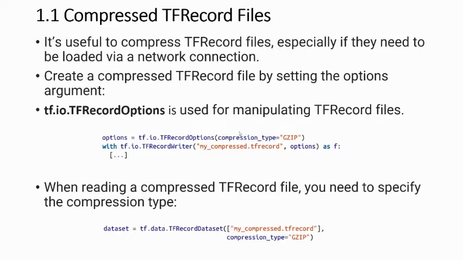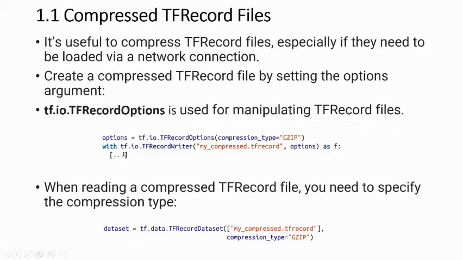So how do we create a compressed TF record file? It is by setting an option argument. So we use tf.io.TFRecordOptions and we provide the compression type as gzip, and that is stored in options.